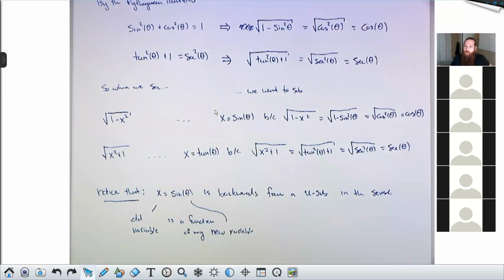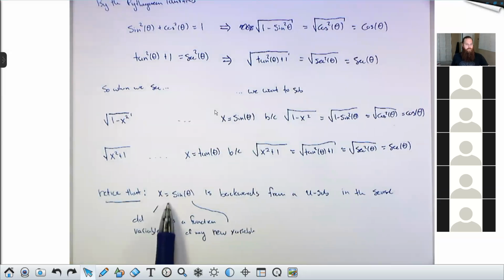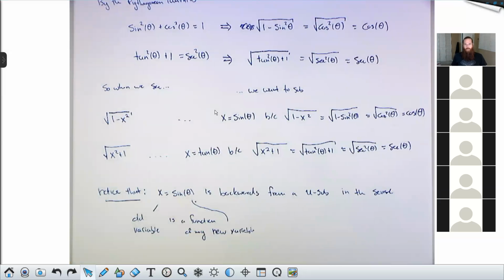Usually when we make a substitution, our new variable is given as a function of my old variable, like z equals x squared. Here, my old variable is given as a function of my new variable. So the roles are kind of swapped.